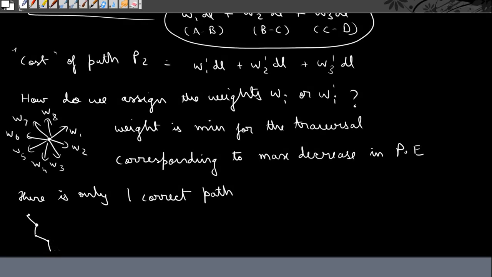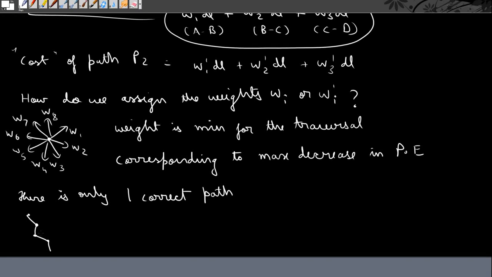So this is the unique path which the ball is going to travel, which is going to satisfy our condition that the ball decides to go in a direction of maximum decrease in potential energy.